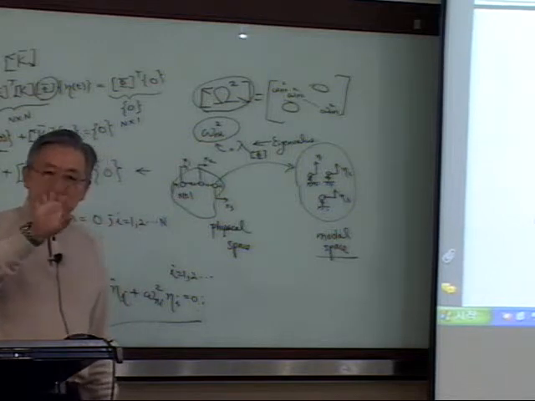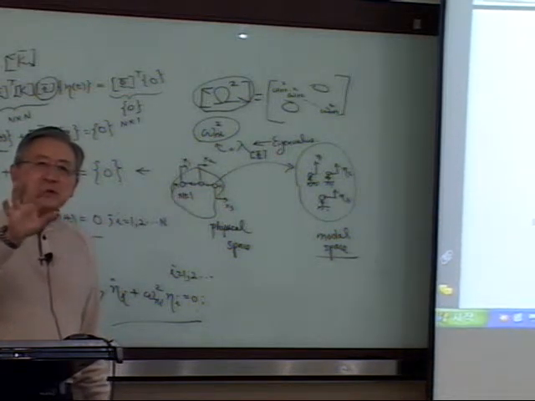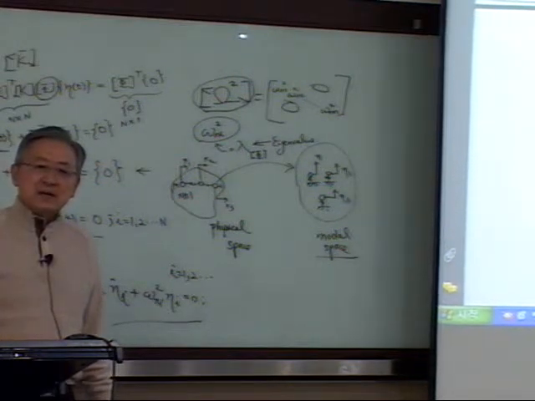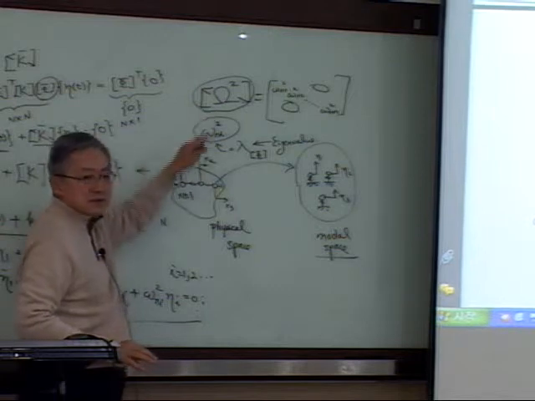So if you put all the eigenvectors together, that's the eigenmatrix, something like this.